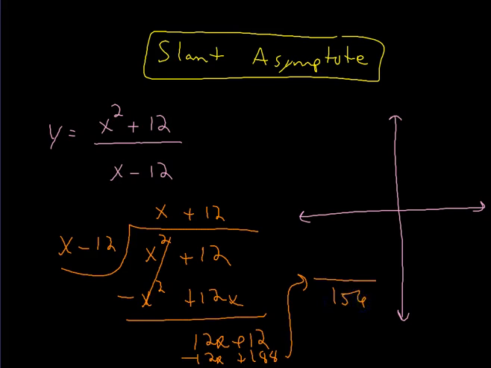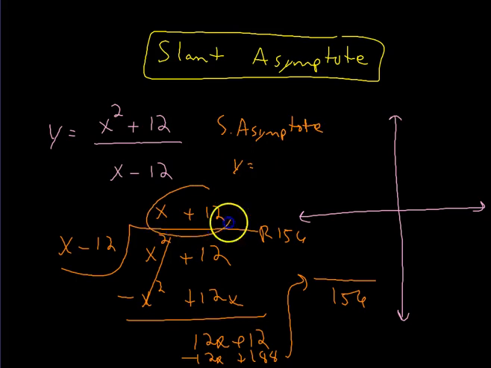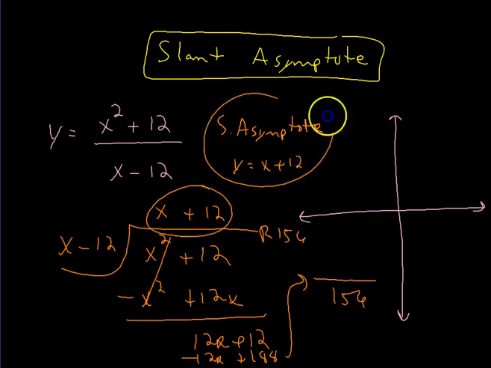The slant asymptote is everything but the remainder. So my slant asymptote for this one has to be y equals x plus 12. So that's my slant asymptote.